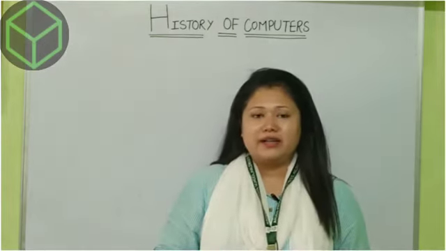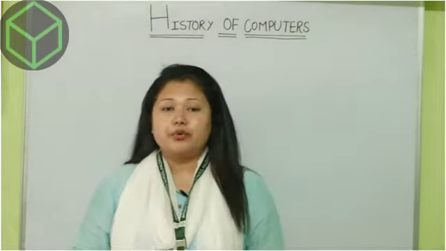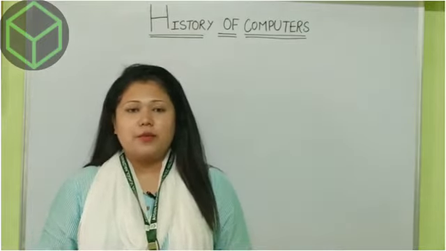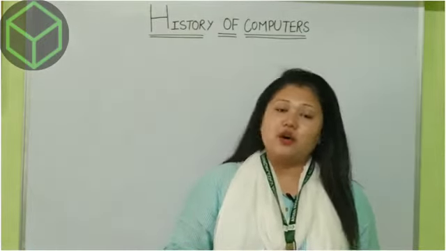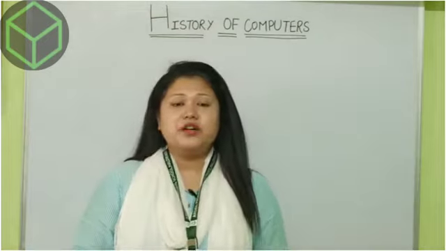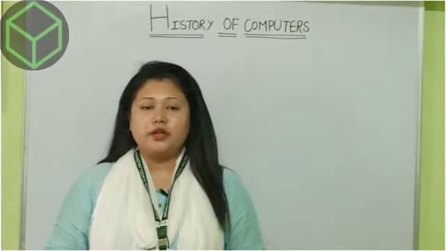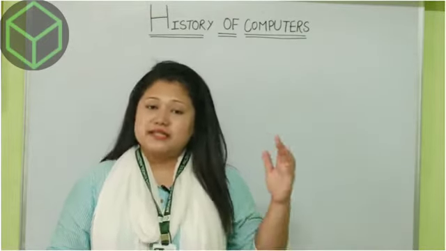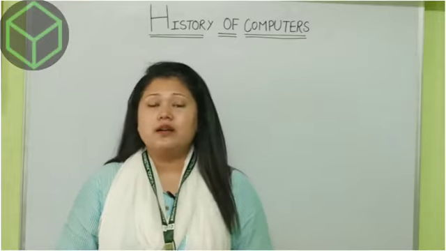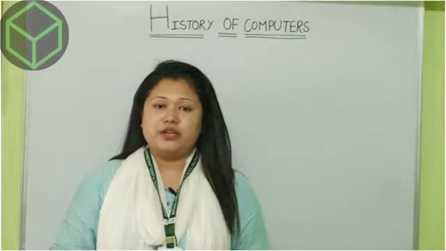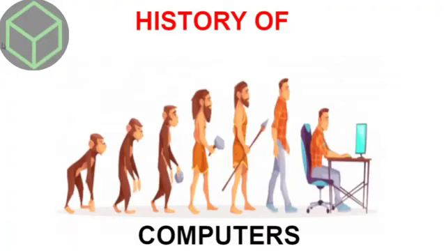As the human mind and technology improved with time, more computing devices were developed. Some of the most popular computing devices, from the start to the recent ones, we will discuss in this video. So, let's start and learn the devices of the computer system. History of computer.